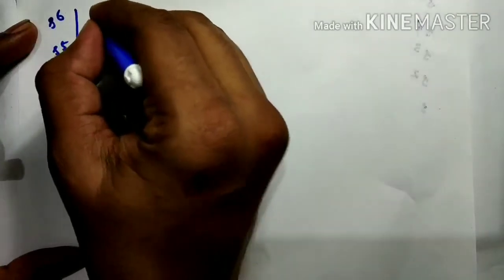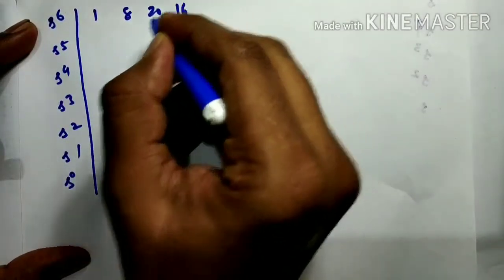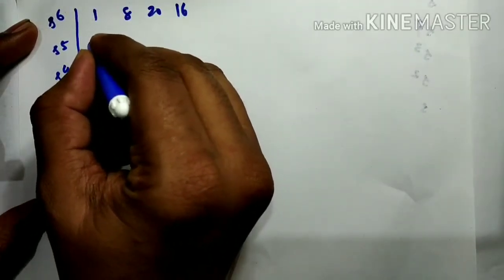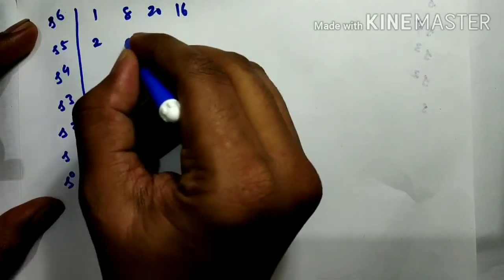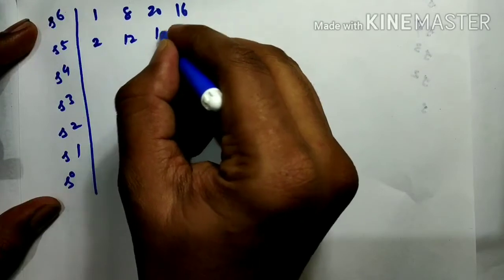You know this one: 1, 8, 20, 16. Then after that, this was 2, 2, and 12, 2, 12, 18, 0.